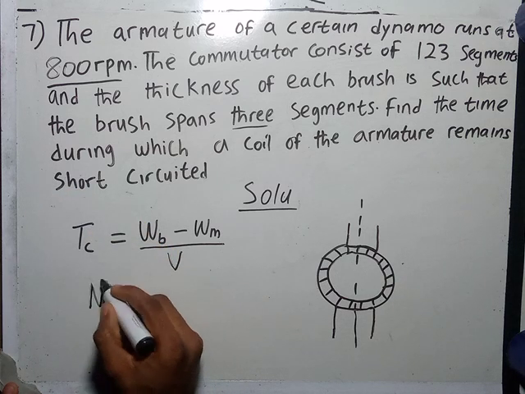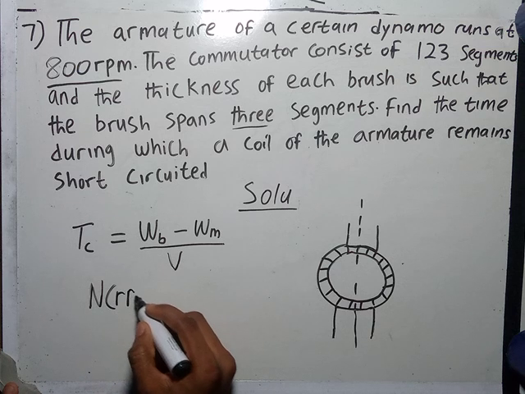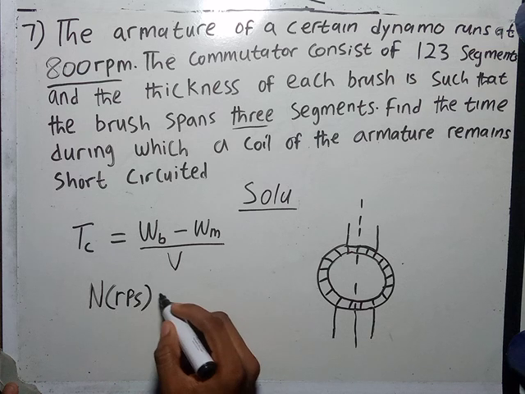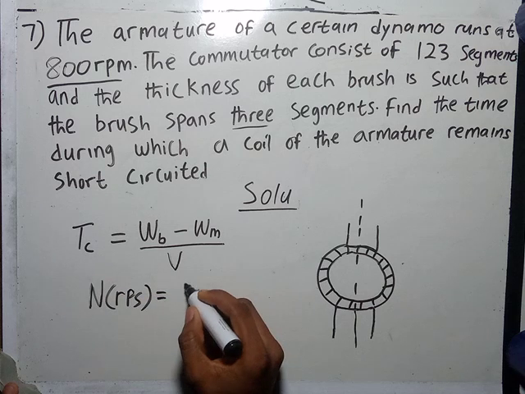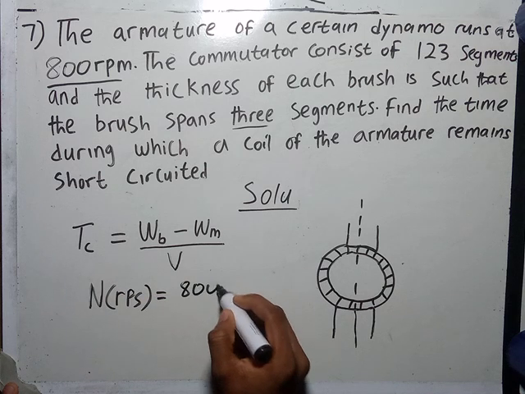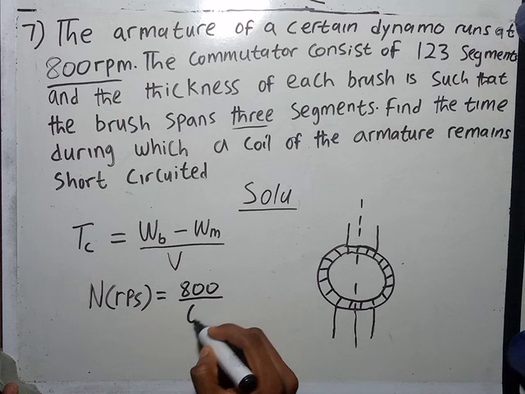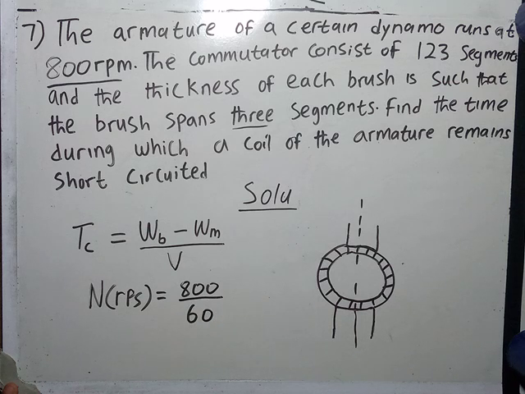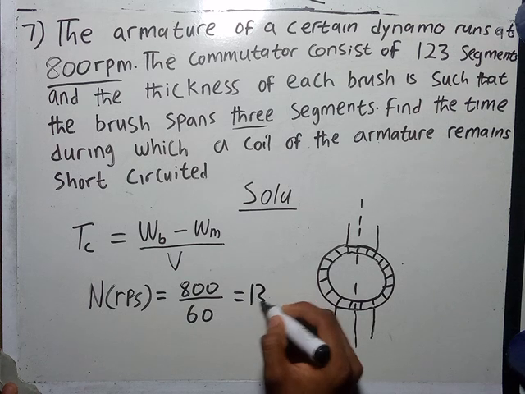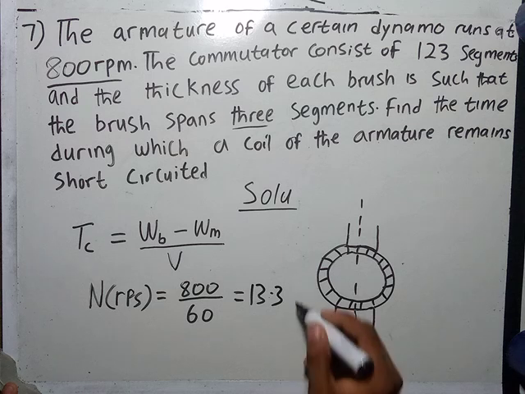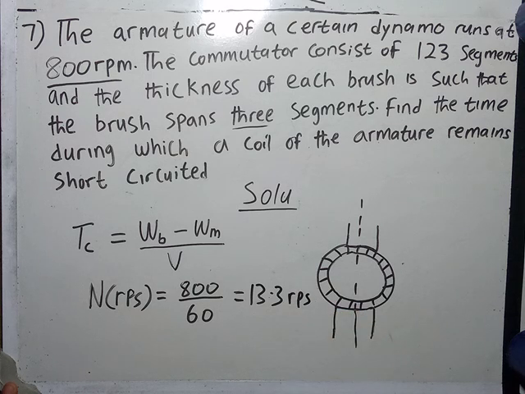Converting N to RPS, we have that 800 will be divided by 60. And if we do that, we have 13.3 revolutions per second.